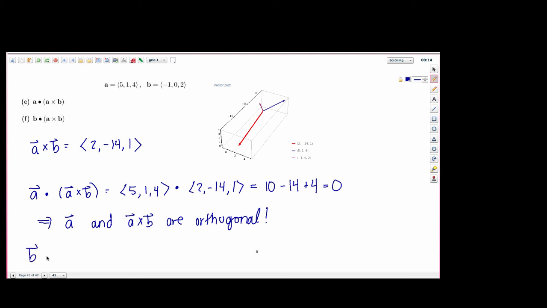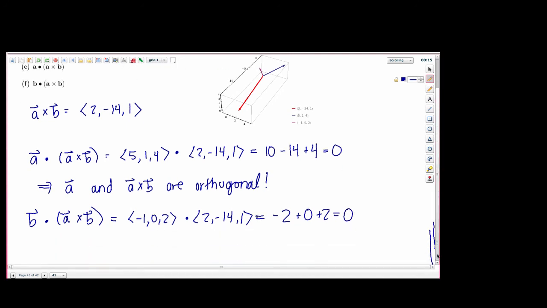Now let's do B dotted with A cross B and see what we get. So when we do B dotted with A cross B, we get minus 1, 0, 2, dotted with 2, minus 14, 1. That was our cross product. So when we work this out, we get minus 2 plus 0 plus 2, which is again 0. So again, we see that B and A cross B are orthogonal vectors.